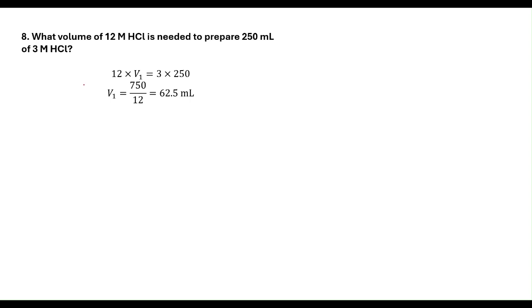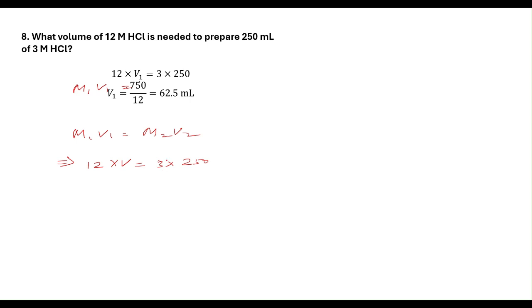So we have to use the same formula, M1 V1 is equal to M2 V2, right? So here we have 12 molar solution, volume we have to calculate, and we have to make 250 ml of 3 molar, so multiply by 3.